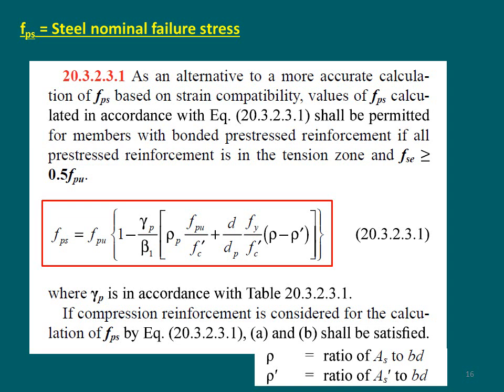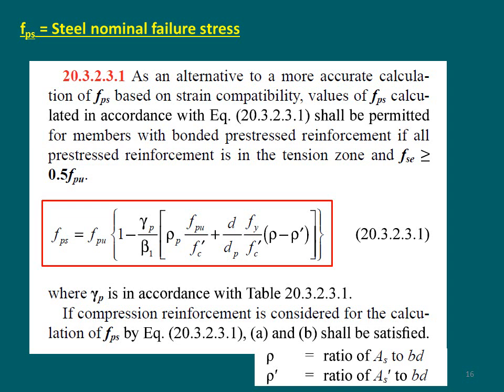The question is, how do you figure out this fps, the nominal steel stress for the pre-stressed strand? The ACI here gives you an equation. It's kind of simplifying it. It says here fps is going to be equal to fpu. fpu, as we said, is going to be equal to 270 ksi.